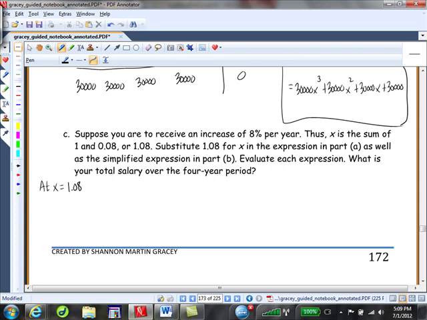So at x equals 1.08, we had 30,000 times x cubed. So I'm doing the one we just did in part B. And then plus 30,000 times x squared plus 30,000 times x, and then plus 30,000.